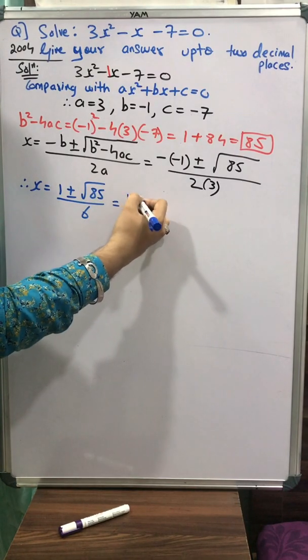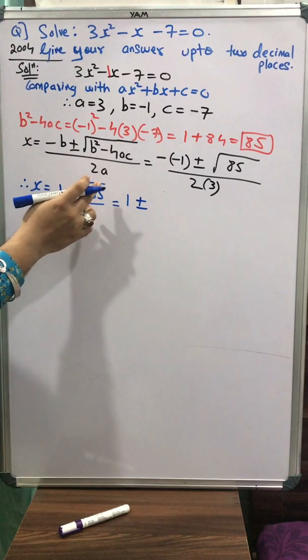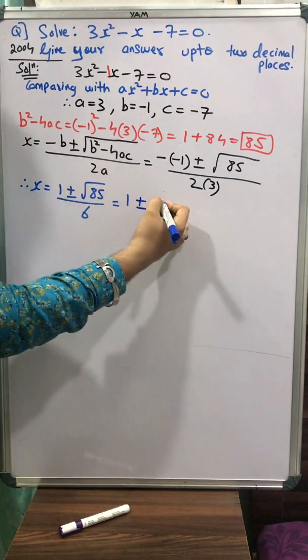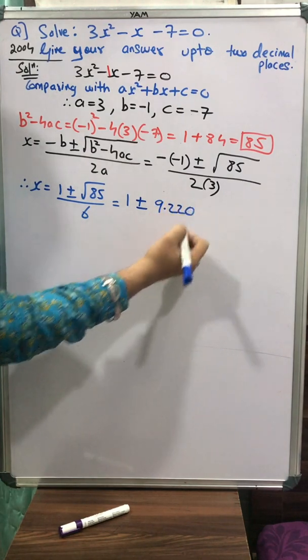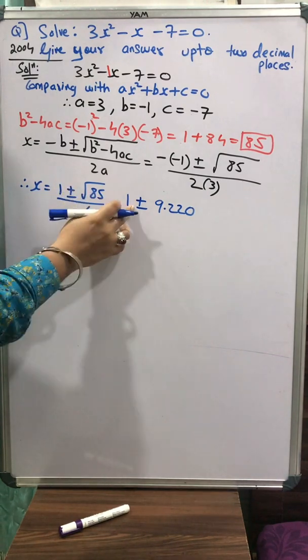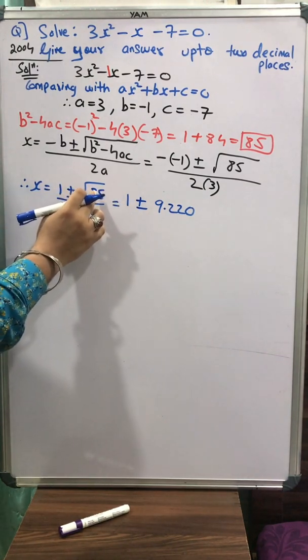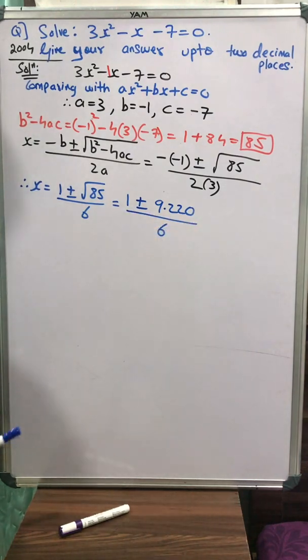1 as it is 1 plus minus square root of 85 is 9.220. We have to write all the digits. 1 plus minus square root of 85 is 9.220 the whole upon 6. Okay, great. Next step.